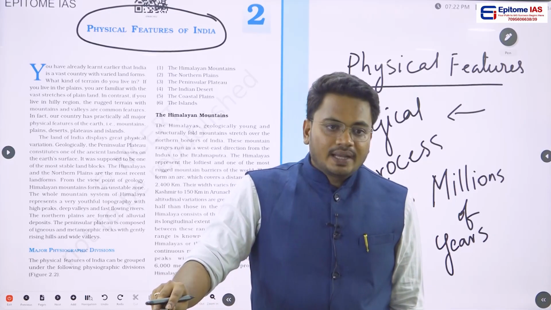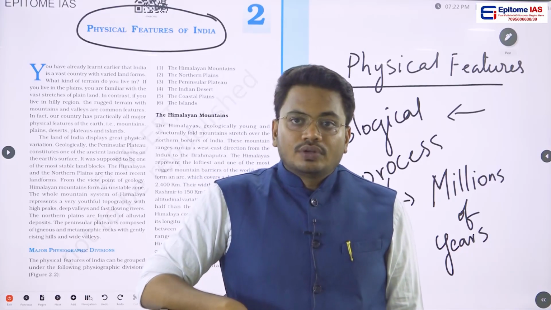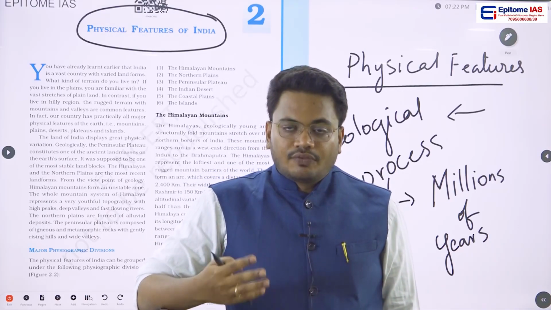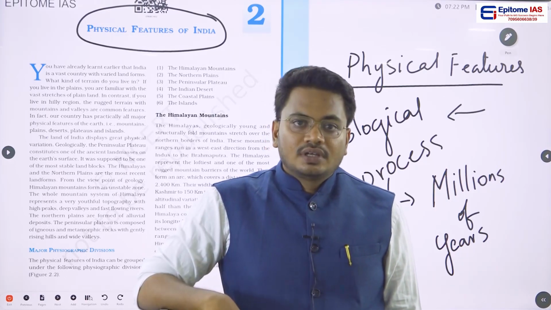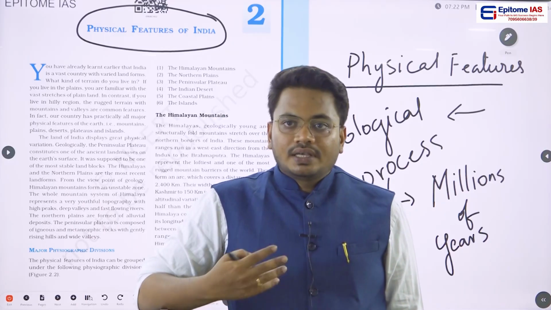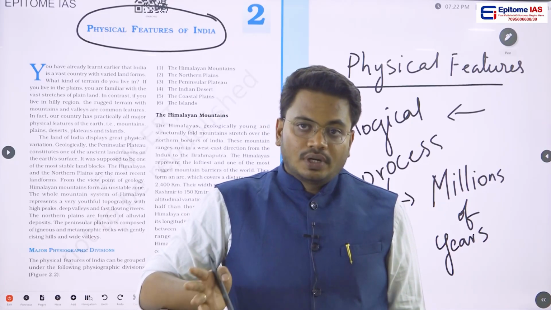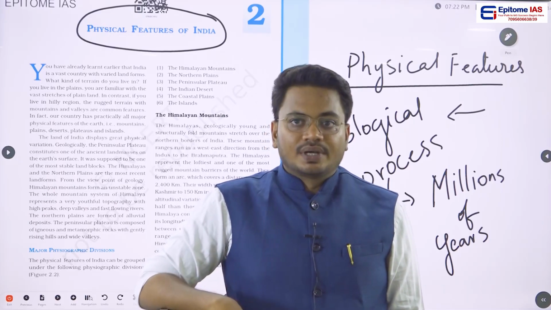If you go back 250 million years, in the continental drift theory we understood that before 250 million years ago, there was only one singular landmass, right?